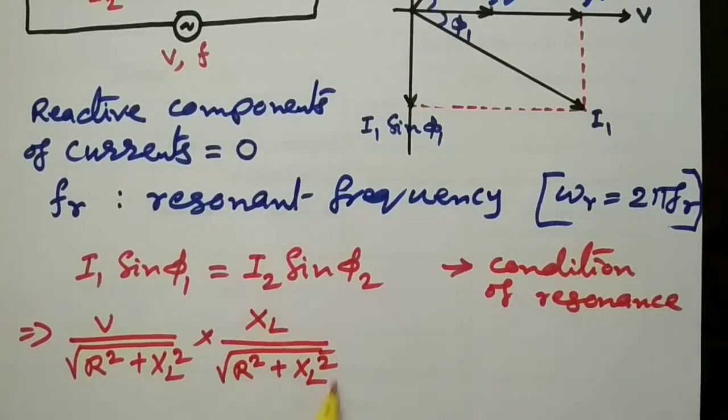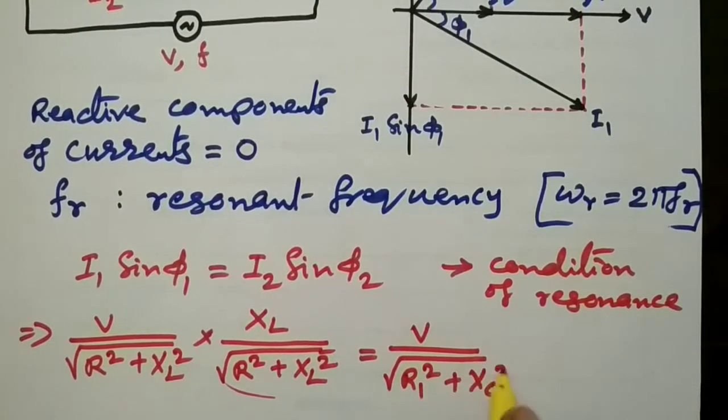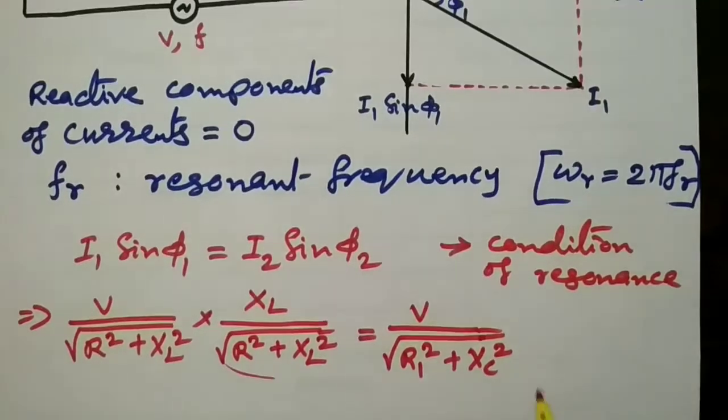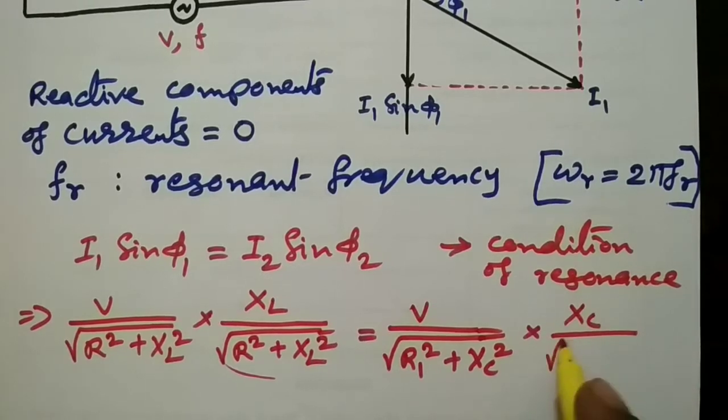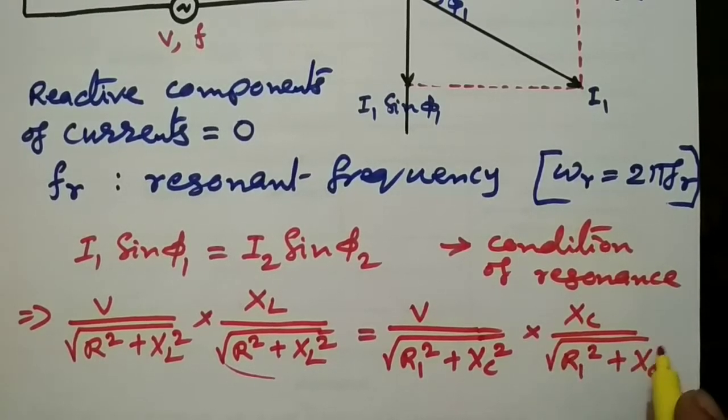This we have obtained from the impedance triangle. Similarly, I2 will be V upon square root of R1 square plus XC square, and sin phi 2 will be XC upon square root of R1 square plus XC square.